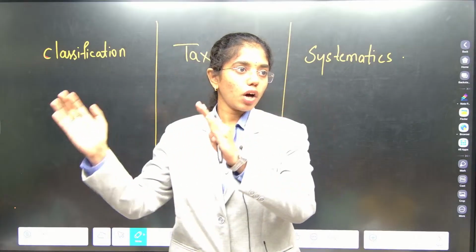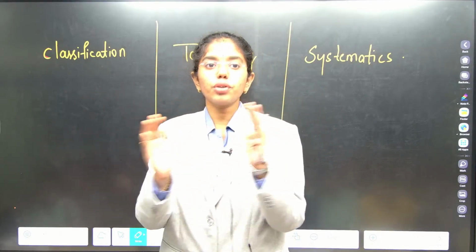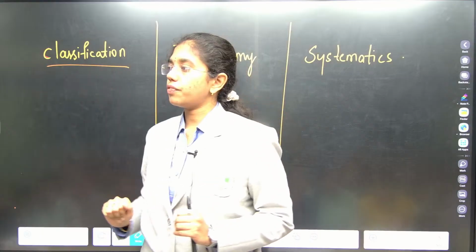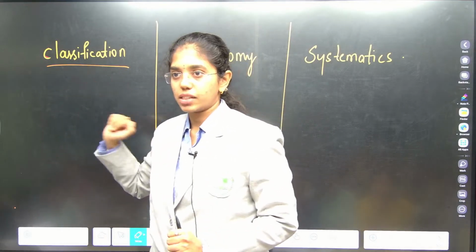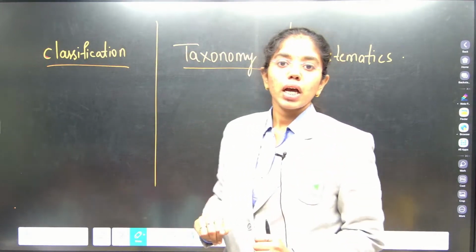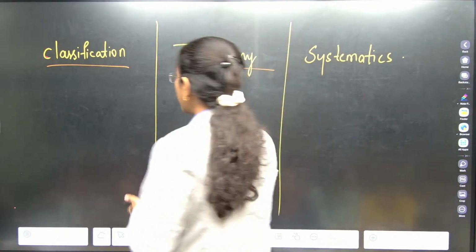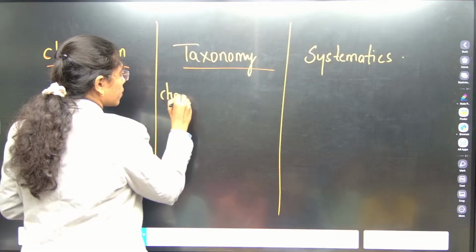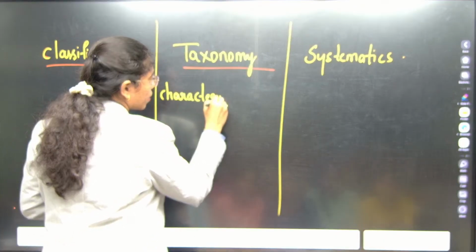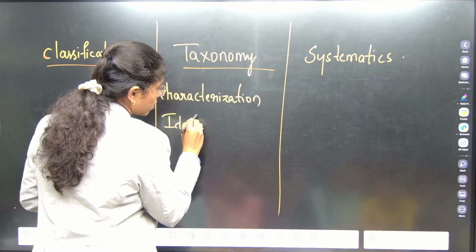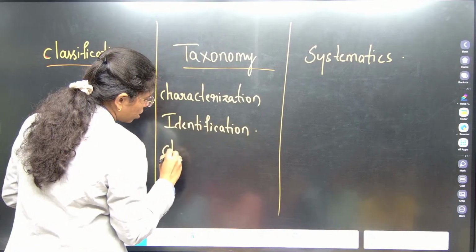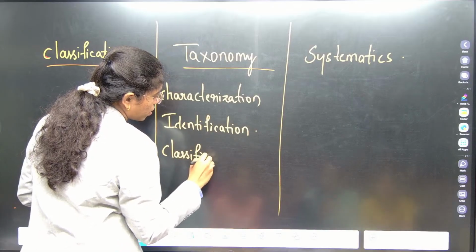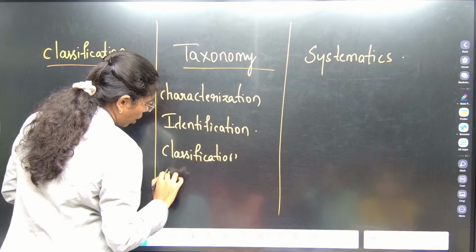Grouping up different living organisms into different categories is known as classification. What is taxonomy? Taxonomy includes the procedure from characterization, identification, classification, and nomenclature.